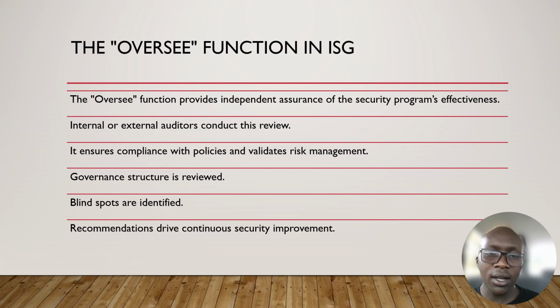Also, this independent perspective helps in identifying blind spots and provides confidence to the board and executives that the security program is operating as intended. We recommend that oversight activities driven continuously improve the security posture.